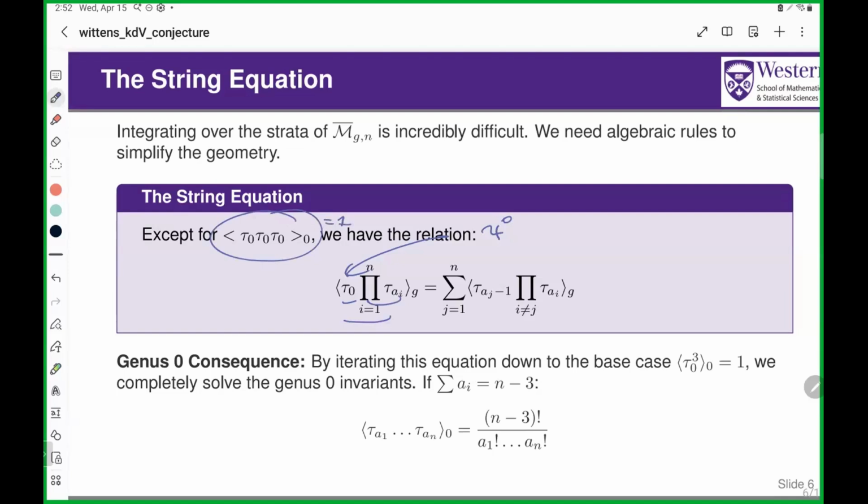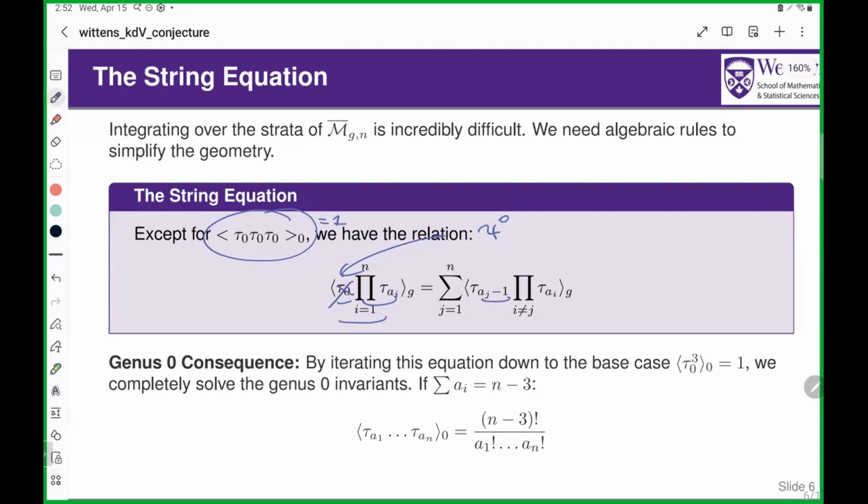As long as it's not that one, you have this relation holding. And this relation says that you essentially get to clip off a tau 0, and you shift down the next one. And the others just remain there. So this is kind of cool. You get rid of a tau 0. This string equation does that for you.